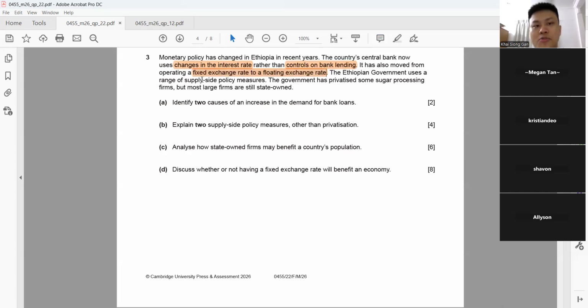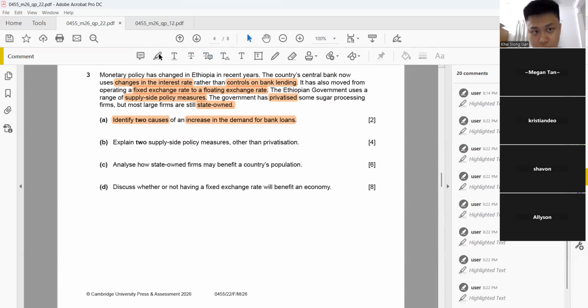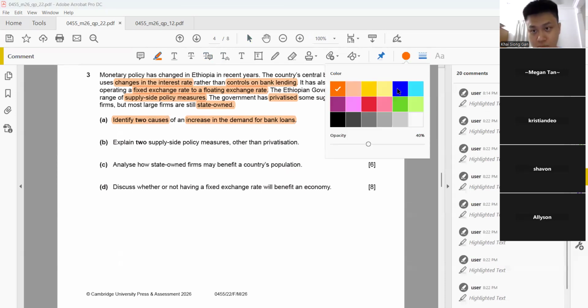The Ethiopian government used a range of supply side policy measures. The government has privatized some sugar processing firms, but most large firms are still state owned. That means publicly owned, owned by the public sector. Identify true causes of an increase in the demand for bank loans. What will result in an increase in the demand for bank loans?